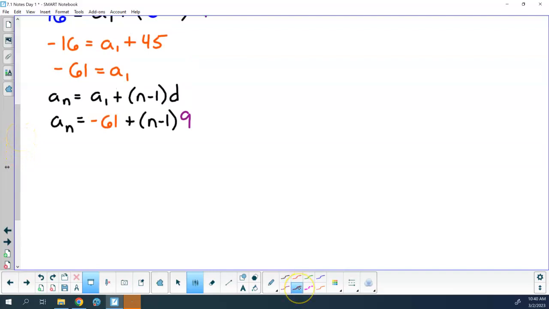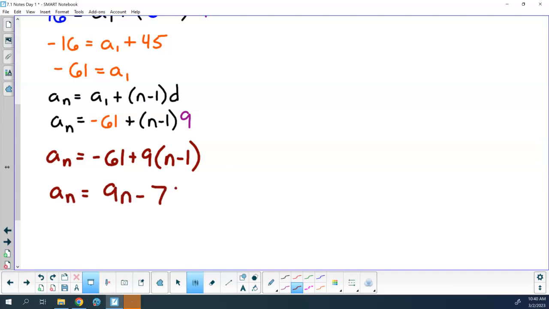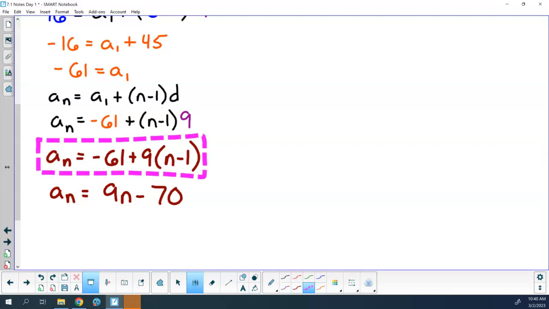So now I can say that my nth term is negative 61 plus 9 times the quantity n minus 1. Or I can say that 9n minus 70 is that, if I were to distribute. Either one of those works for me.